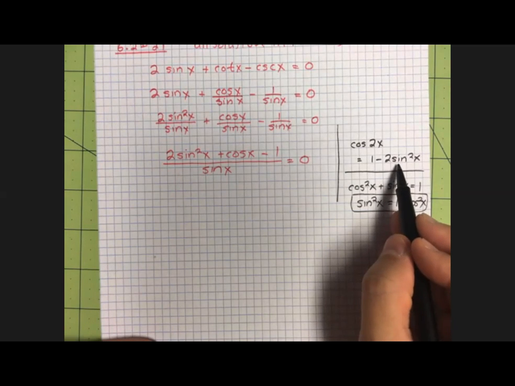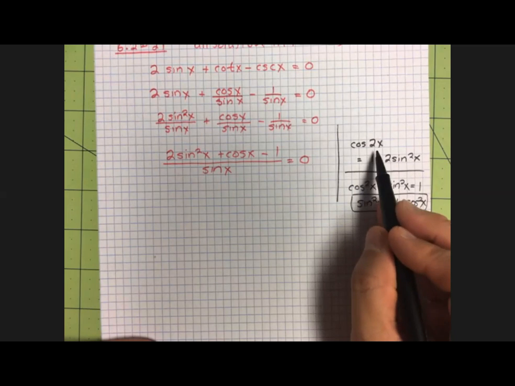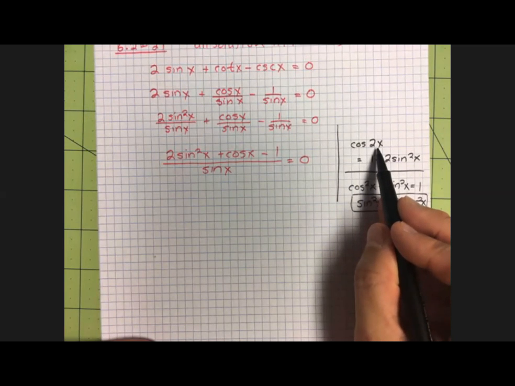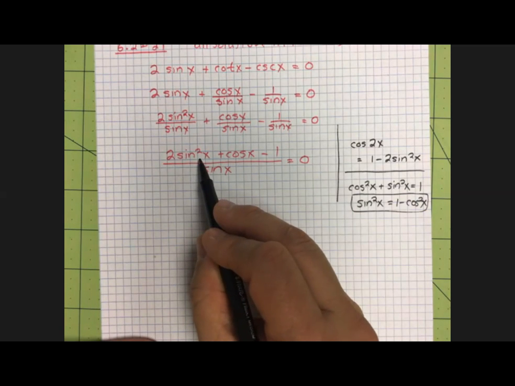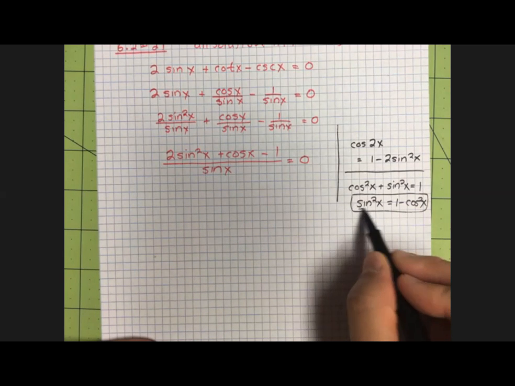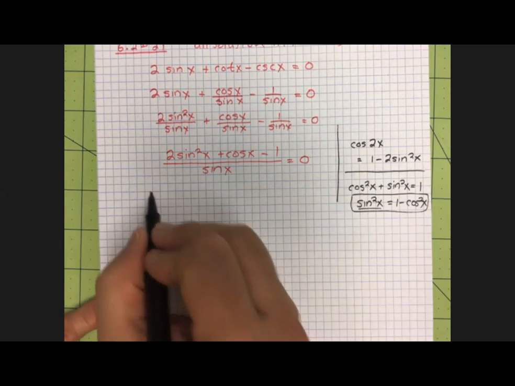I could use the 2 sine squared x identity. That's true, but I don't want to create another cosine 2x in here. I go back to the last problem where I had to eliminate it. So let's replace sine squared x with 1 minus cosine squared x.